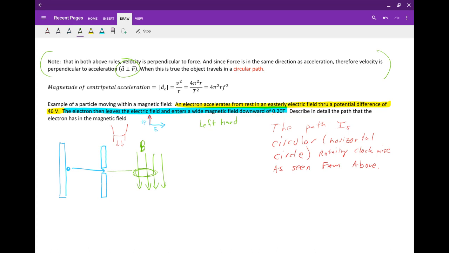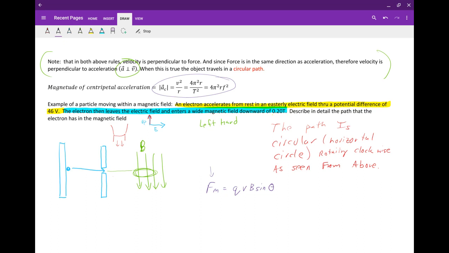All right, so there we go. Question is what's the radius of this path? So here's your classic formula. Remember, the magnetic force is equal to qvB sine theta. The magnetic force is a centripetal force, right?